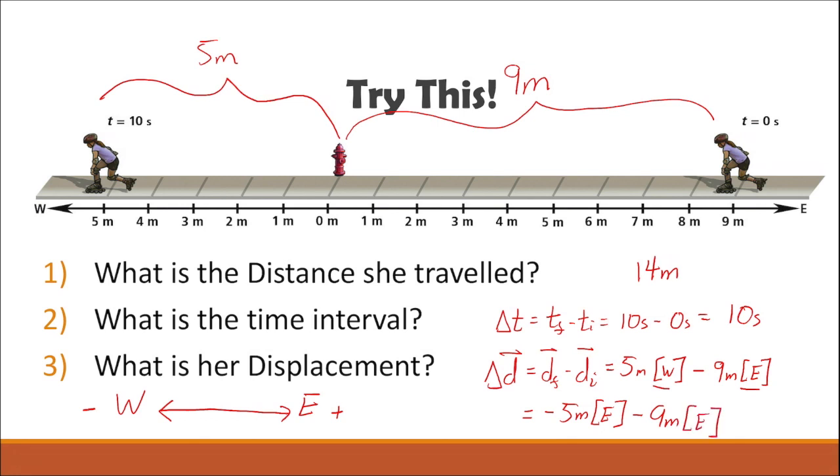Now these two values match, we can place them together. Minus 5 minus 9 is minus 14 meters east. This can also be written as 14 meters to the west.